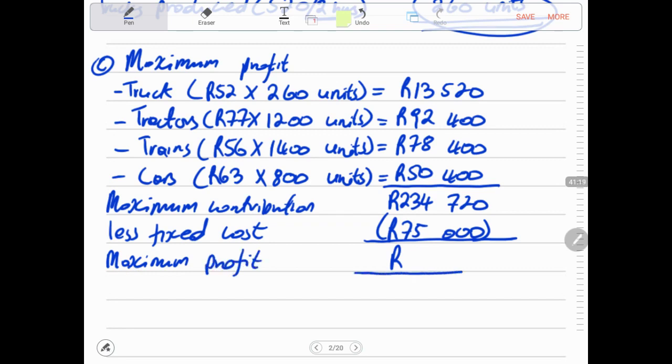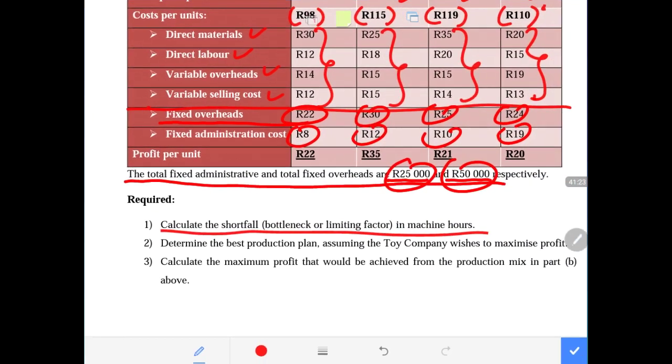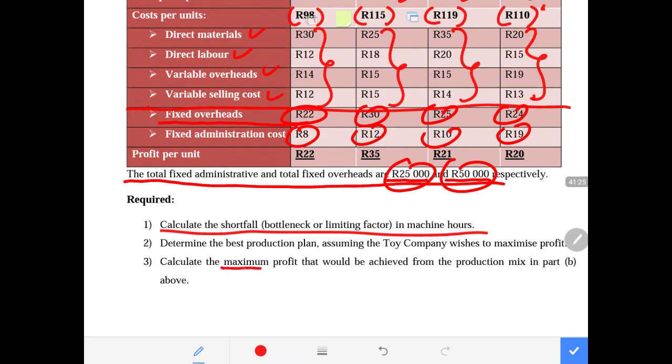Just one aspect that I almost forgot. So they said the maximum profit. Just to give an insight on this question, sometimes they can say a maximum contribution. When they say a maximum contribution, therefore now it means you only take into account the contribution as I did.